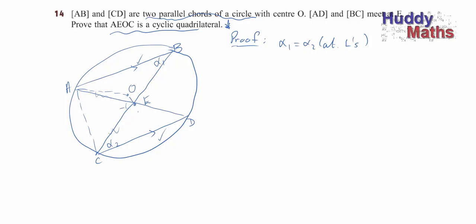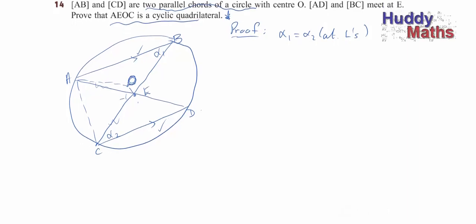I've also labelled this incorrectly, haven't I? I should have C over here. That'll do as it is at the moment. So I reckon we've got the centre. Okay, let's use that. How can we use the centre? Well, if we join O to C, we'll have an angle at the centre, won't we?